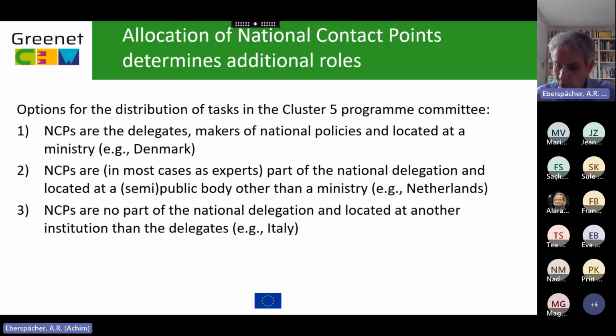First, to say some words on me. My name is Achim Eberspächer. I'm one of the national contact points on Cluster 5 in the Netherlands, working for the Rijksdienst voor Ondernemend Nederland, RVO. I'm doing that since September 2019, so it's between 3.5 and 4 years. Before, I worked in Germany, in Berlin, for the project Energiesystem der Zukunft.